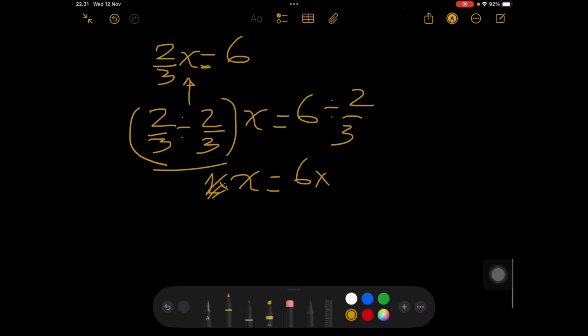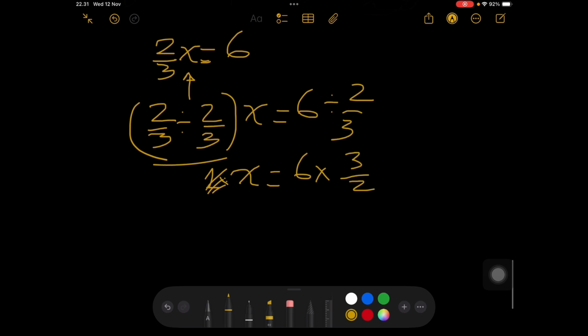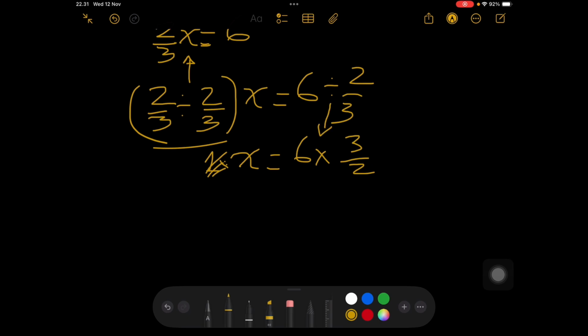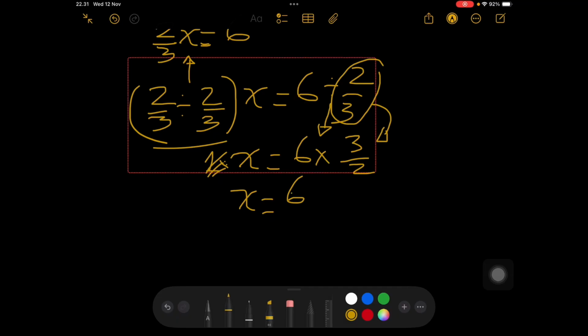So you get x equals 6 times 3 over 2. When division becomes times, the numerator and the denominator have to be flipped. I'm sorry, I'll just directly cancel this. 6 divided by 2 is 3. So 3 times 3 is 9.